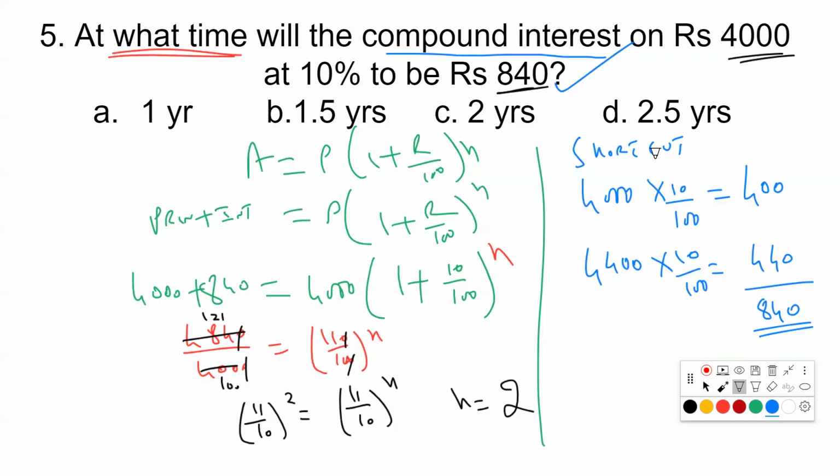Right? 4,400 at the end of the first year, and now second year interest 440. Third year, how to calculate? 4,840 into 10%. That is the third year calculation. Every time you are adding back interest to principal and calculating afresh.